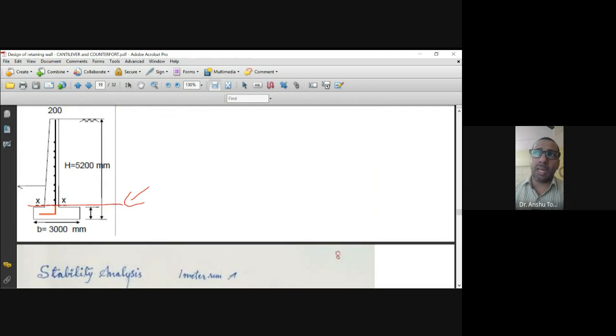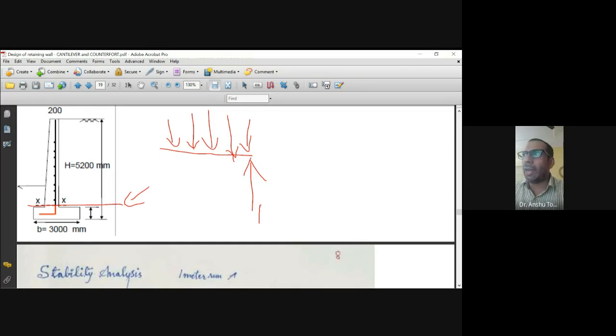So here, if I consider this as a horizontal cantilever and tilt it, it will become something like this. This is a cantilever which is having a load from here like this. Am I right?